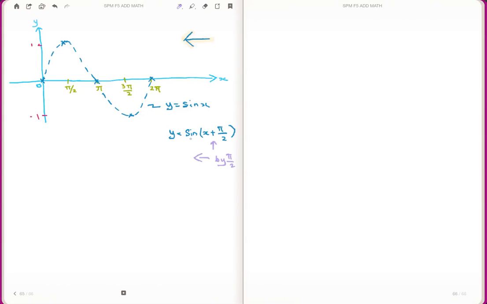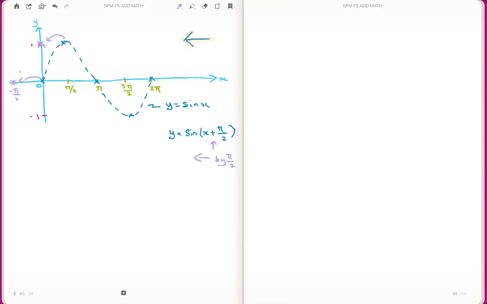So all the coordinates will be shifted. This coordinate 0 will be shifted to negative pi by 2, because it's behind 0. So the first point, this coordinate, will jump to here. Then this coordinate will jump to here. This working coordinate will jump to here.